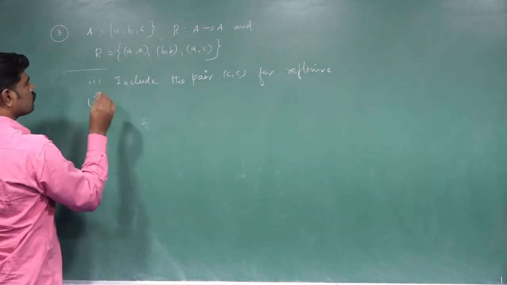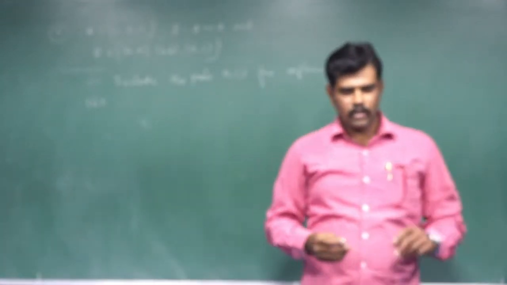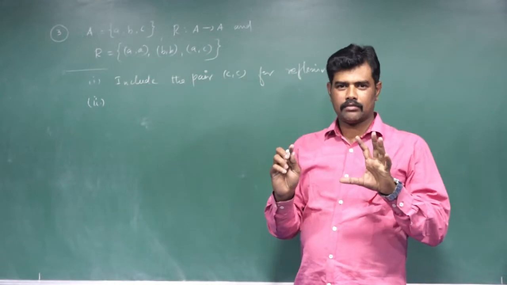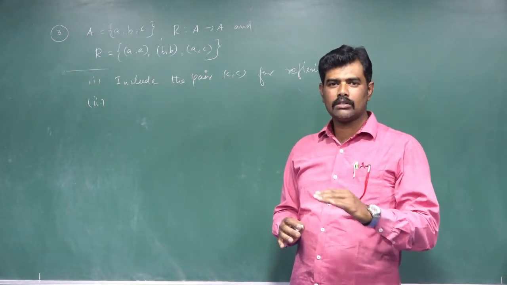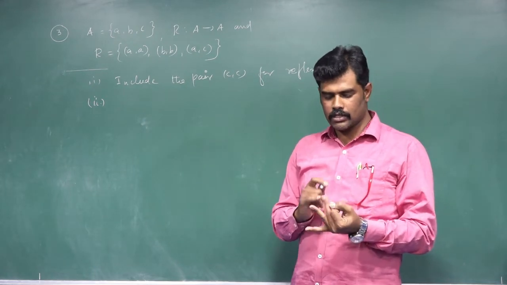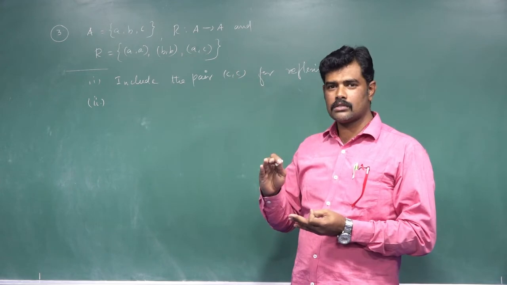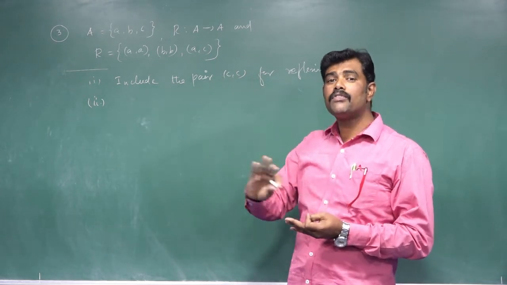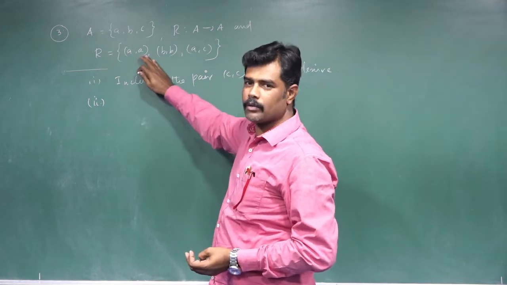Second one, for symmetric. Actually I told in the previous class, same-element pairs like (a,a), (b,b), (c,c) will surely satisfy reflexive, symmetric, transitive. So we should check only the different pairs. Here we can leave the same-element pairs.